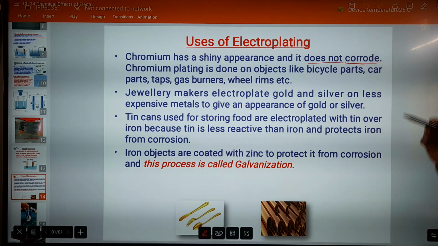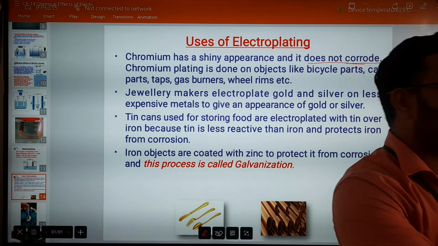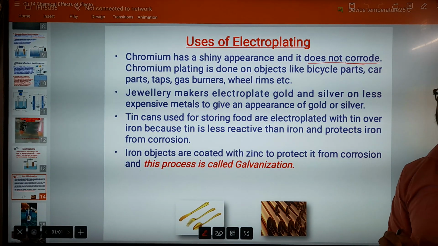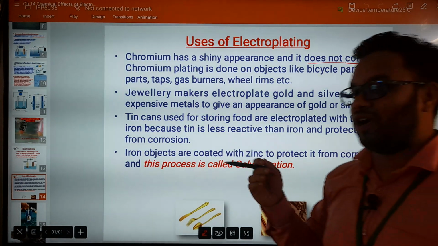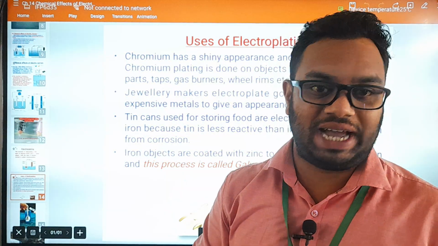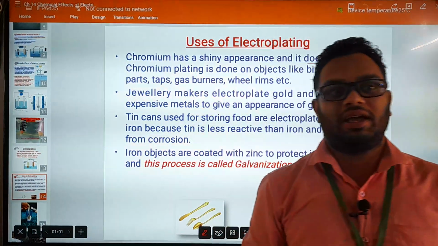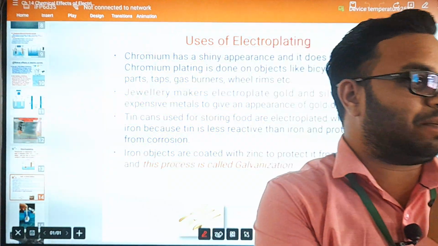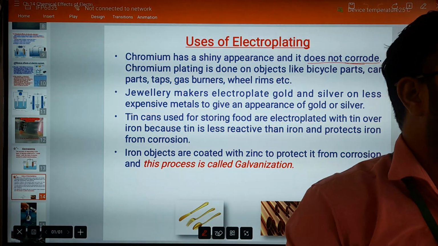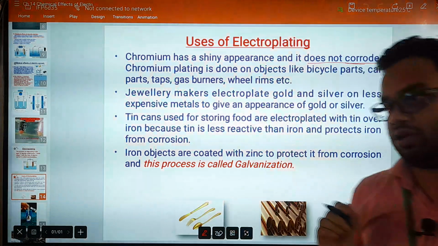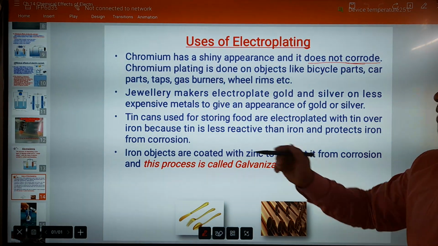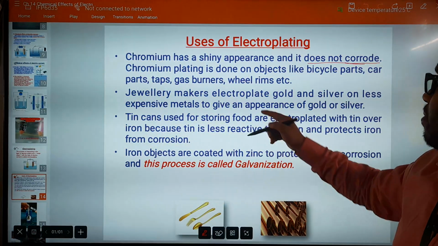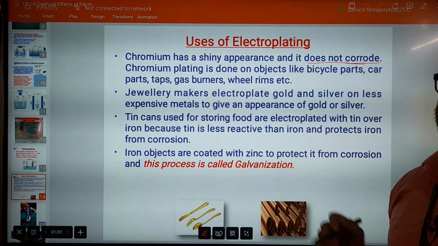There cannot be this brownish deposit which we see on iron articles. In iron articles, whenever they are exposed to moisture and oxygen, a brown color substance deposits, and that brown substance is rust. What is that? Rust. And it can be prevented when we plate chromium on any other metal.